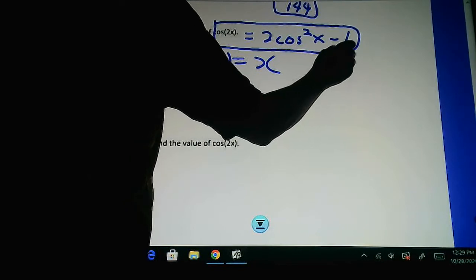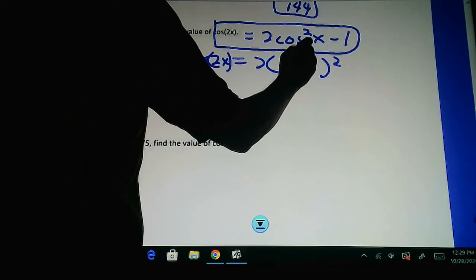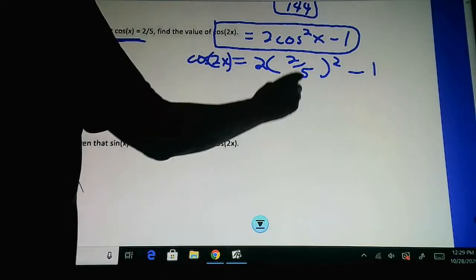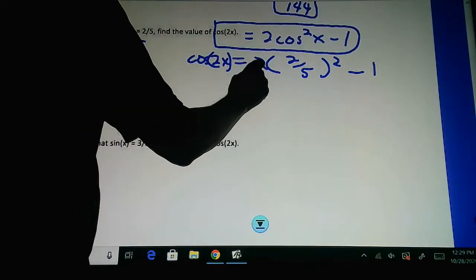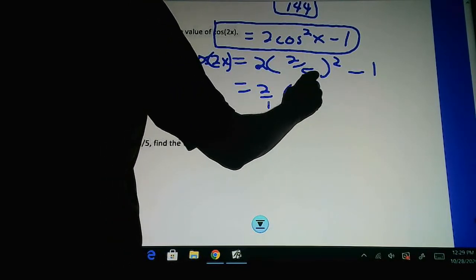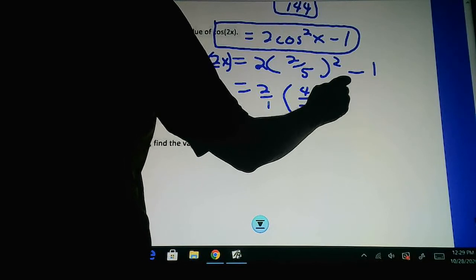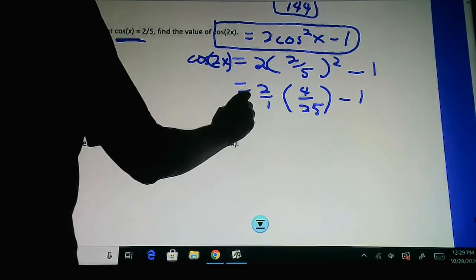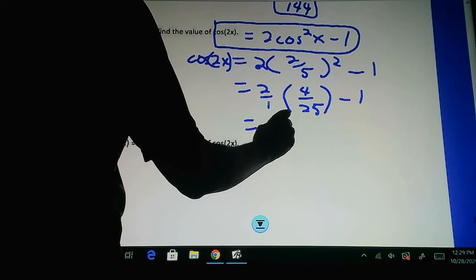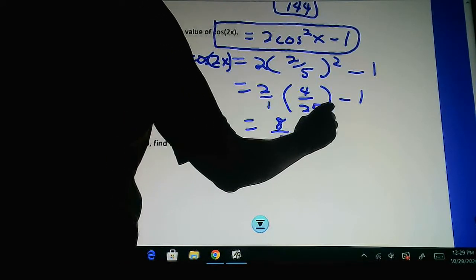We know that cosine is 2/5 here. Don't forget we have to square it as well. We can do the rest on the calculator if you want to. Without a calculator, 2/5 squared is 4 over 25. So we get 8 over 25. Now you will sometimes get a negative number.